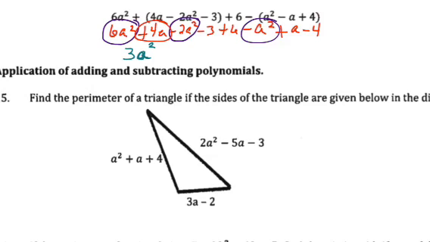We have positive 4a, and we have positive a. Positive 4a and positive a gives us a positive 5a. Now all we need to do is combine our numerals. So negative 3, positive 6 gives us a positive 3, and then minus 4 gives us negative 1. So our simplification is 3a squared plus 5a minus 1.